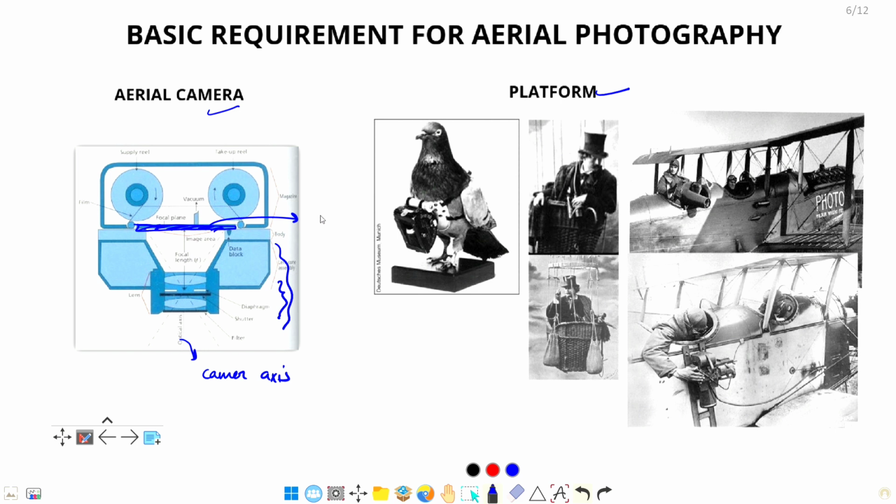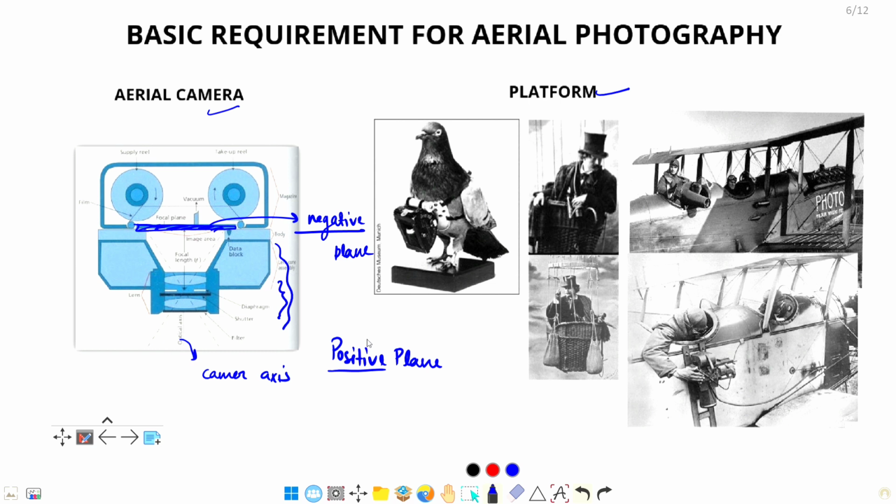So this one is the negative plane of our camera. And when the photo comes, it comes in the positive plane. If you have seen negatives of old photographs, if your family has some old photographs, just ask them for negatives.